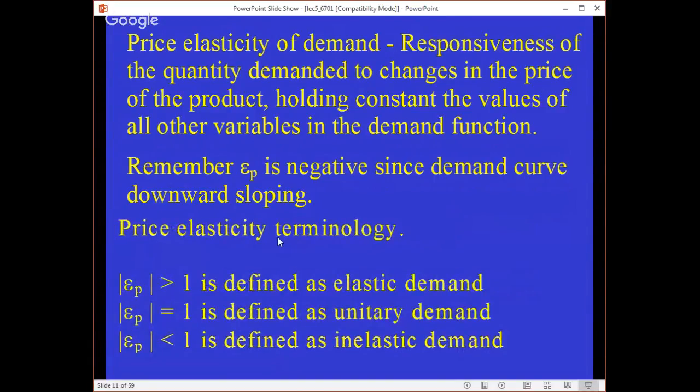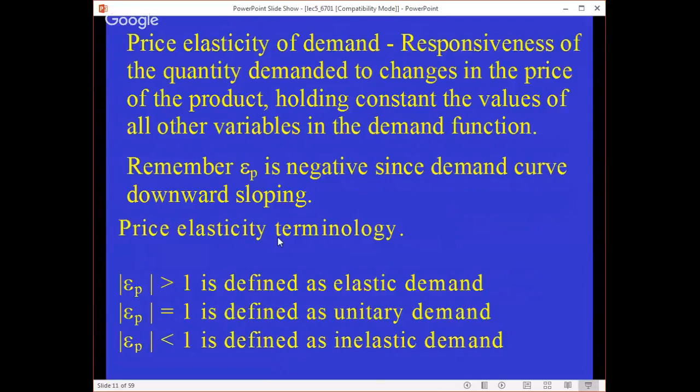For our terminology, if I take epsilon P, or the elasticity in absolute terms, if it's greater than 1, we say it's elastic. That means that a 10% change in price gives me more than a 10% decrease in the quantity demanded. If it's unitary elastic, that means elasticity is equal to 1, so the absolute value of epsilon P equals 1.